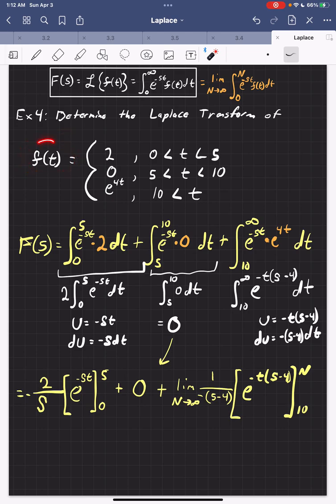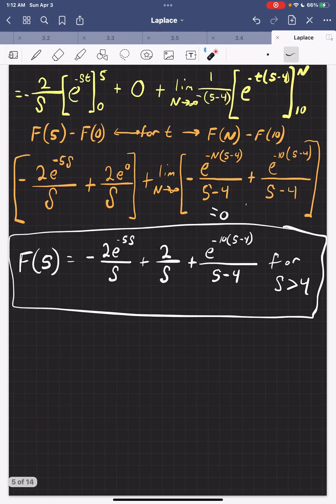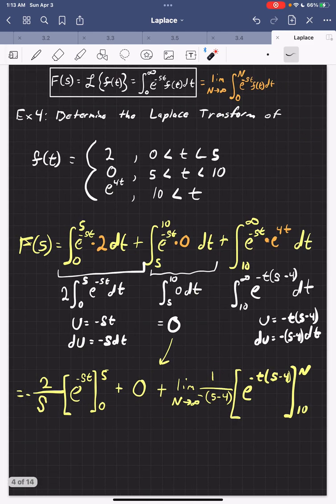You start with a domain of t, and after this function undergoes this transformation, you end up with a function of s. You go from domain of t's to a domain of s.